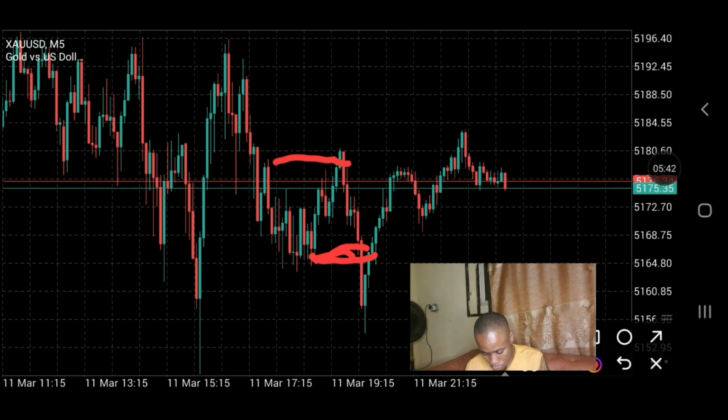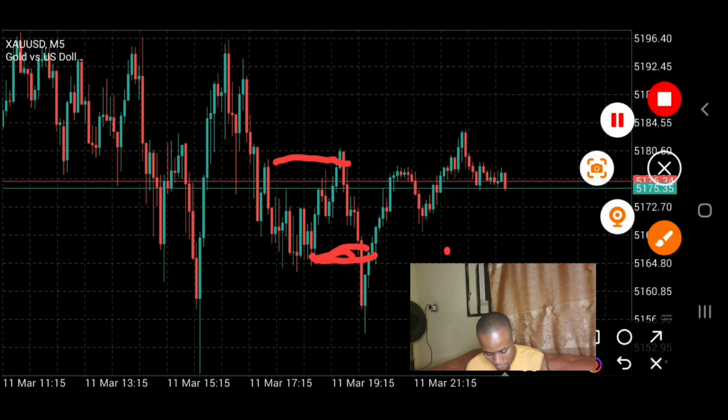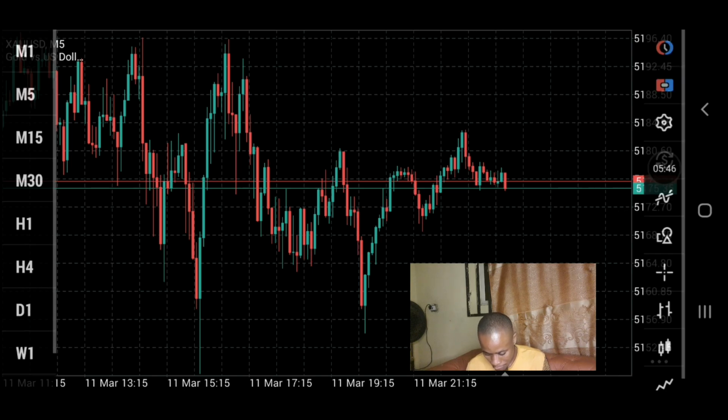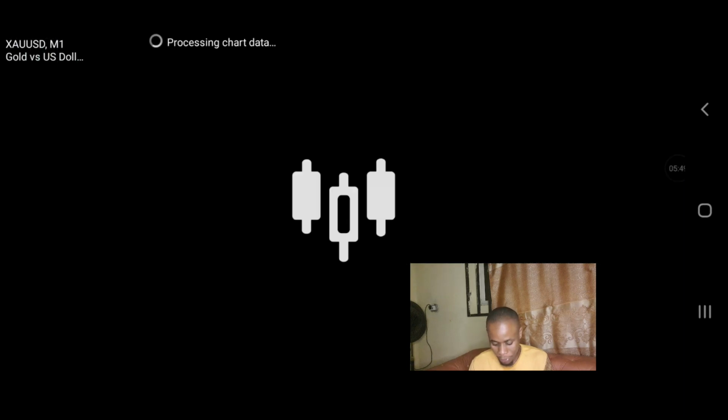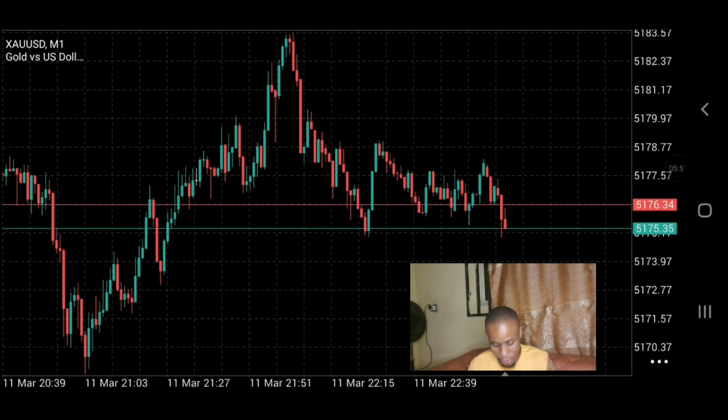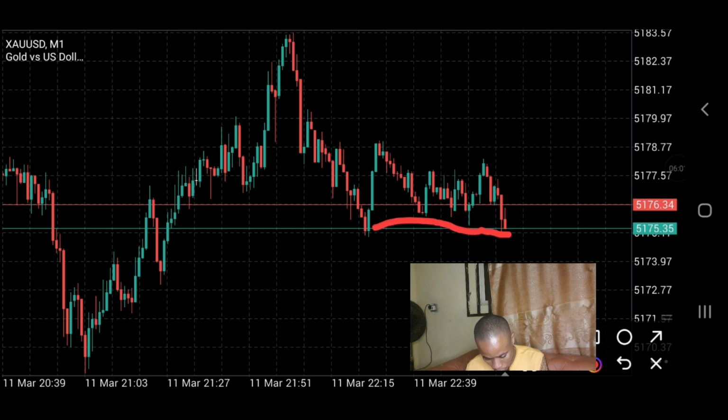So guys, as we all know, this is our 5 minute time frame. Now we move to our 1 minute time frame to see what's actually happening. In this 1 minute time frame, as a scalper, from here you can go for a buy, because it has reached its support.